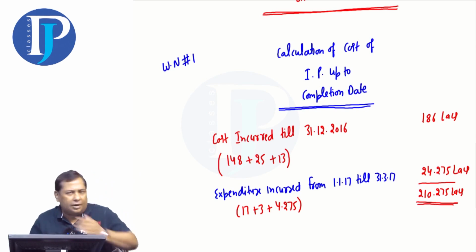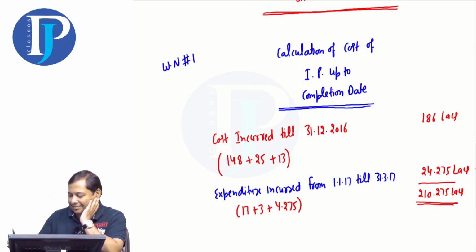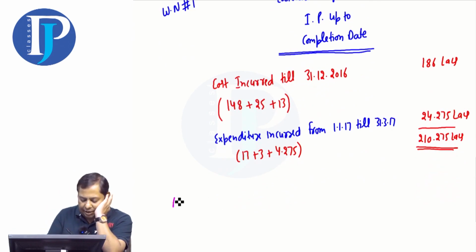And the answer in the book is written in a very casual form, okay? I have made you write the correct answer. We can also add some additional notes in this.